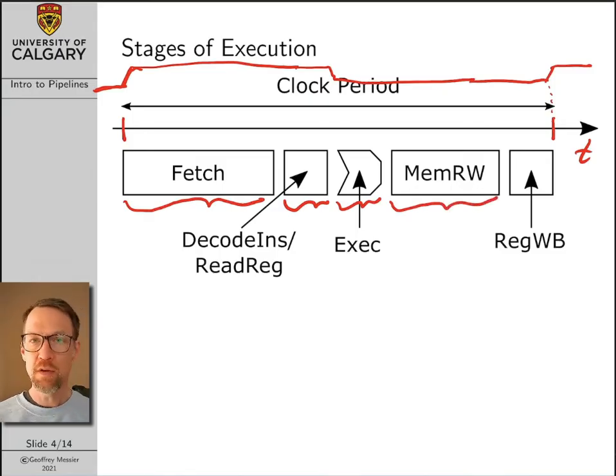Now, in the very simple microarchitecture that we've designed up until now, we either use the ALU or we use memory. We don't ever use both. We don't need the ALU to first finish its work before we can start accessing our memory. But there are some microarchitectures that do require the ALU to do a little bit of work before we access our data memory.